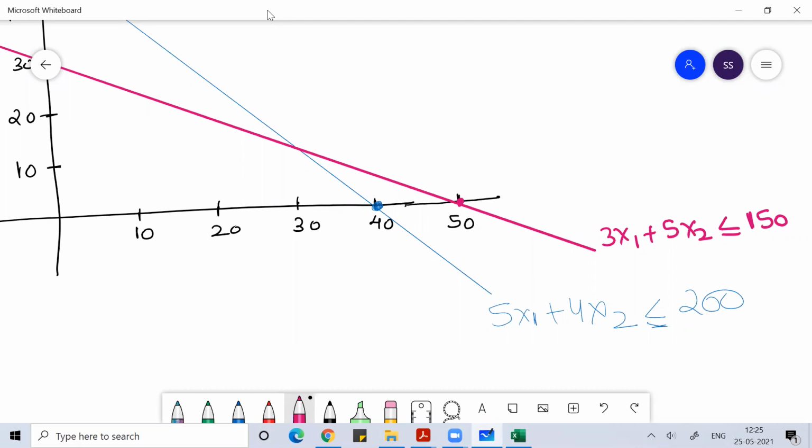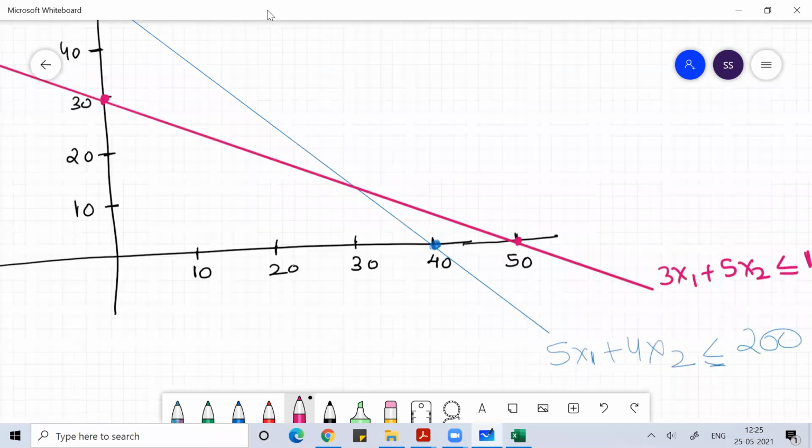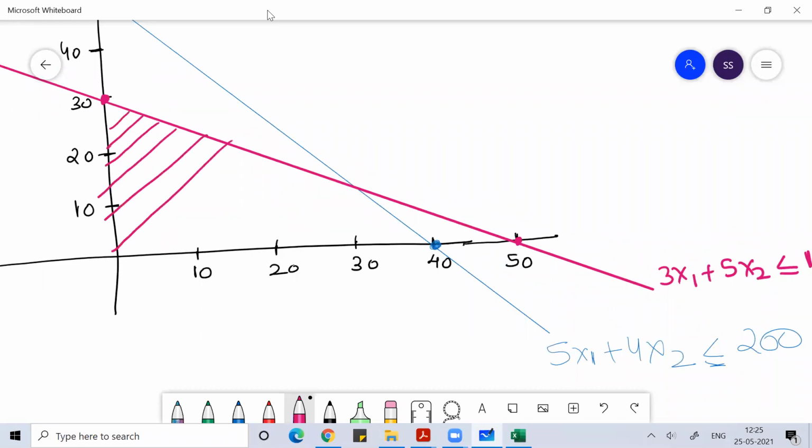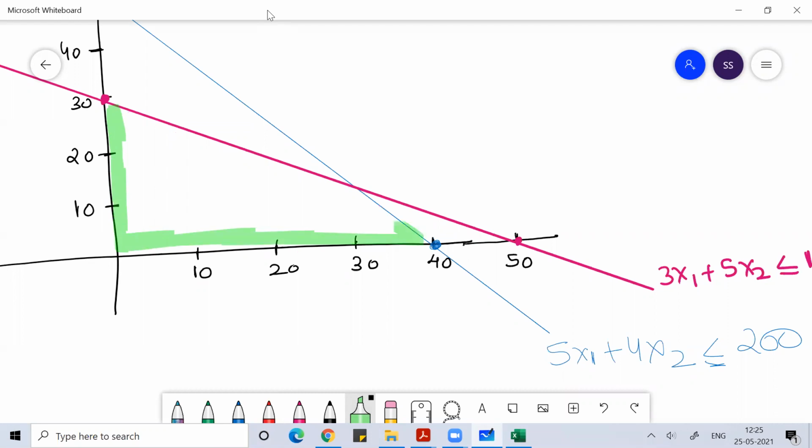So what is the area that corresponds to it? This is the area it will correspond to. Now for the first two lines I've drawn, if I talk about the common area, both have the less than or equal to sign.